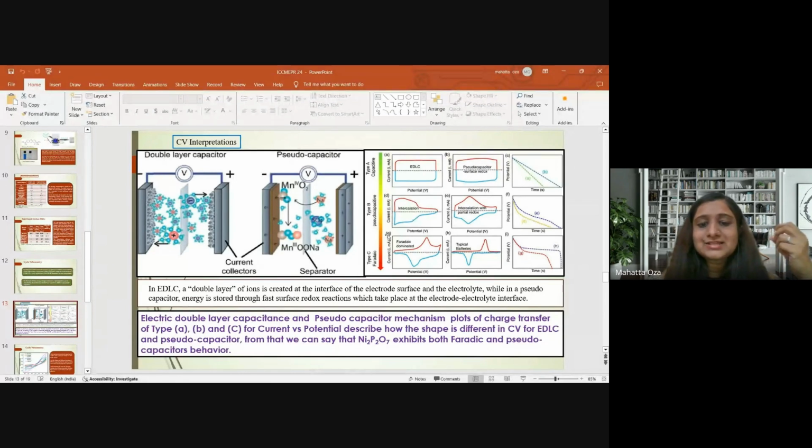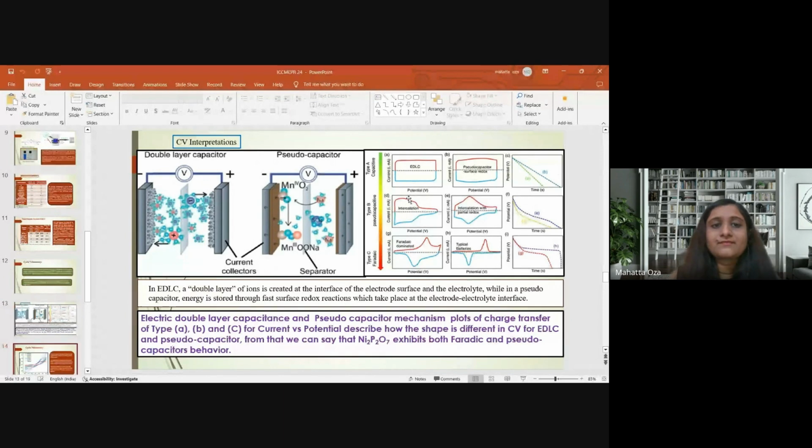From the EDLC and pseudocapacitor mechanism, these are the plots of charge transfer type A, B and C. So from these types and the graph of current versus potential, we conclude which type of capacitor behavior ours shows.